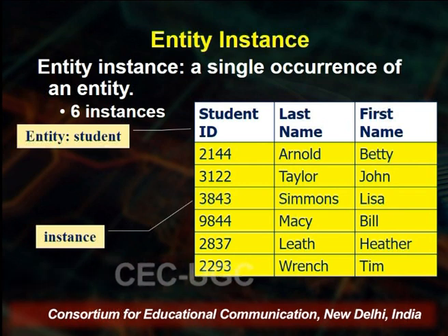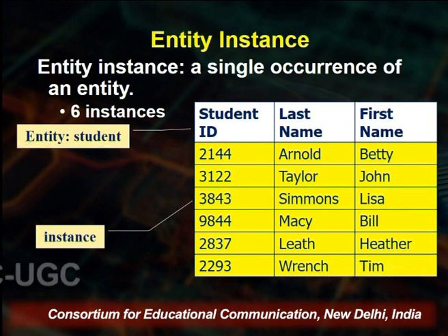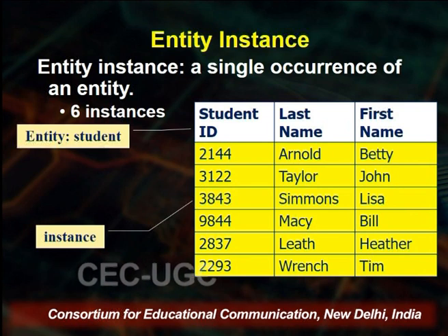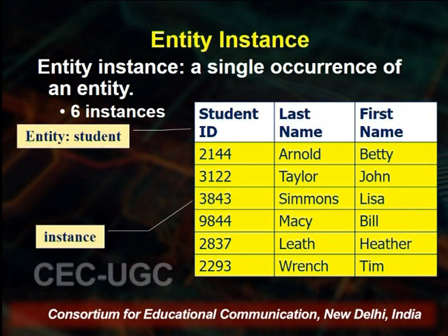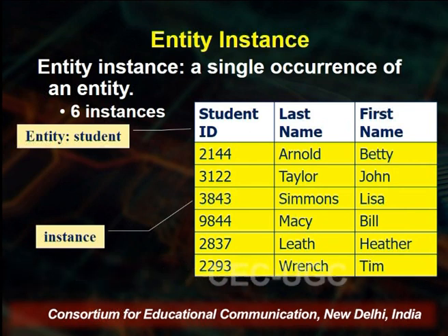So in an ER diagram, this entity student will be represented with a rectangular box in which all the attributes, here only three, are written by name.